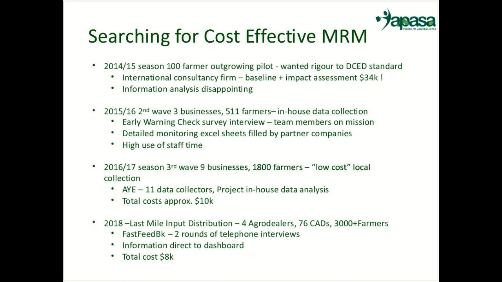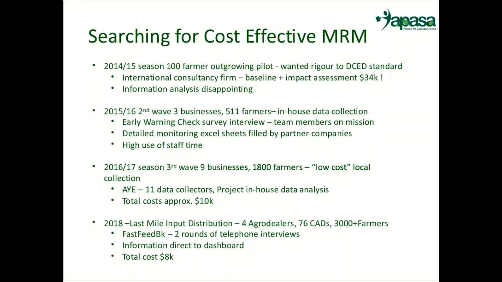And then last year, in our phase 1 extension, we moved to a slightly different intervention, getting away from the actual outgrow schemes to a last mile input distribution model. Working with 4 agro-dealers, 76 community agro-dealers, and selling to 3,000 plus farmers.